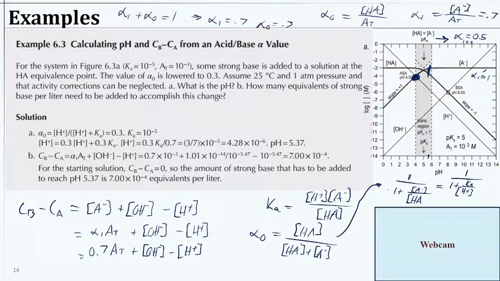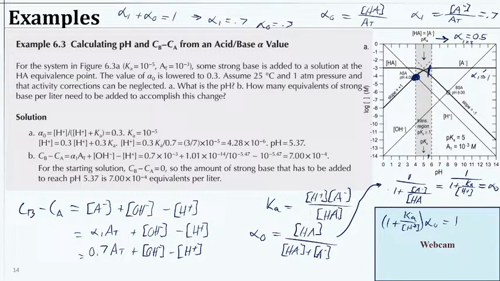Now, this is a little bit annoying to solve from there into H plus, but we can do it, right? All of this is equal to alpha 0. So I'm going to multiply both sides by that denominator, and say 1 over 1 plus Ka over H plus, times alpha 0, is equal to 1.